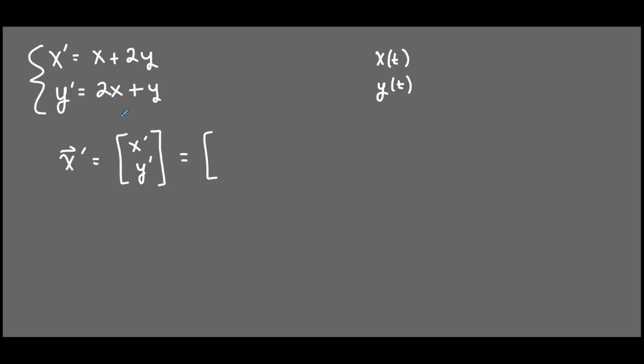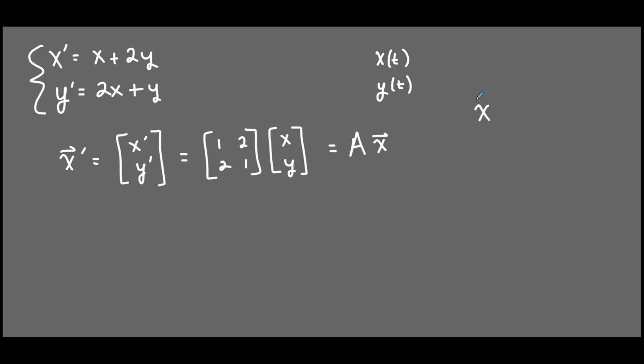We're going to take the coefficients of this matrix multiplied by the vector that's the functions x and y. And of course, we could write it like this, where it's matrix A times just vector x.